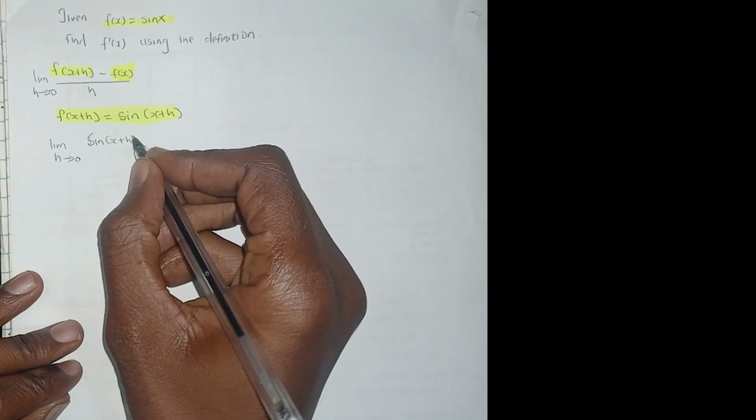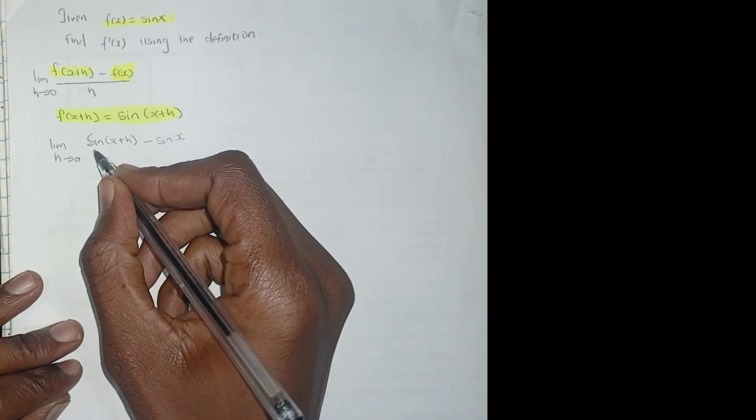Now let us go and substitute in the formula. Lim h approaches 0, f of x plus h is sin of x plus h, minus sin x, divided by h, right? Now this is how it is.